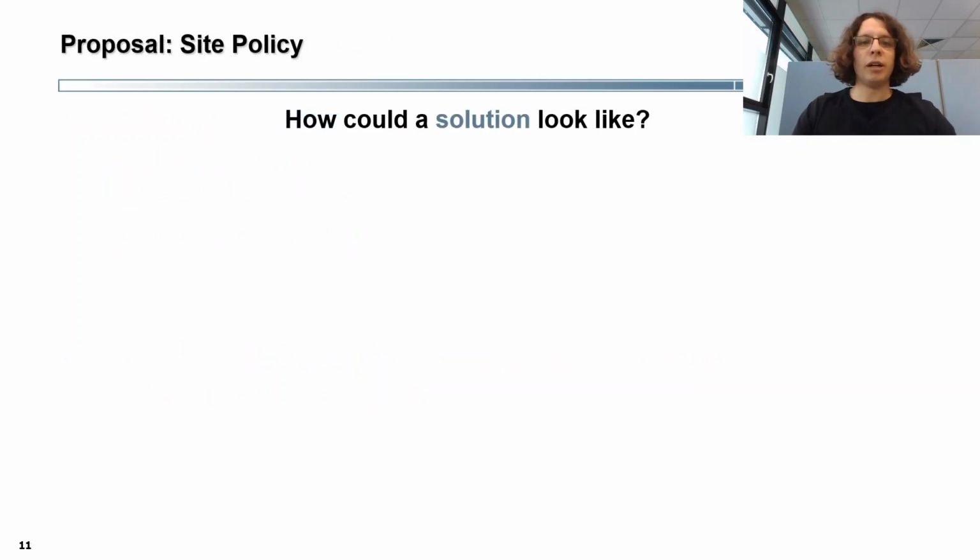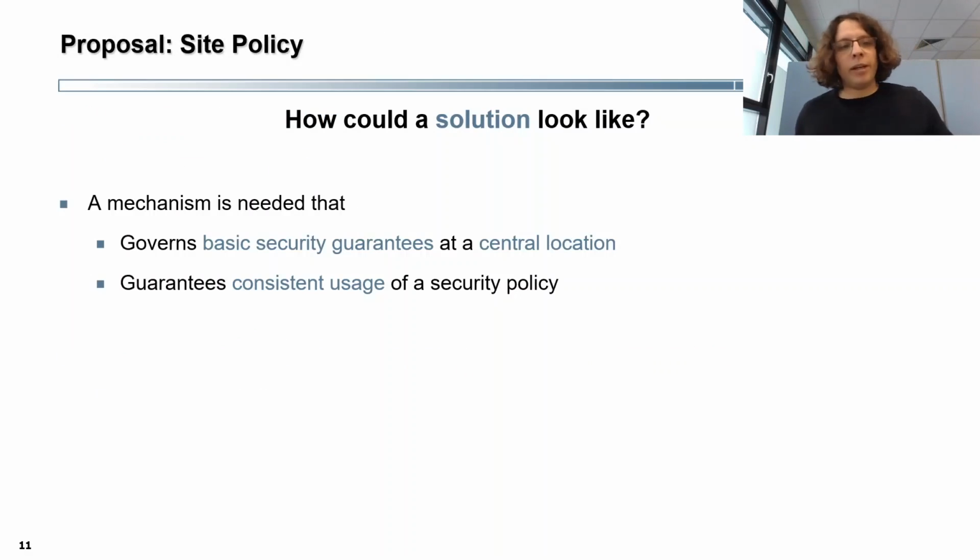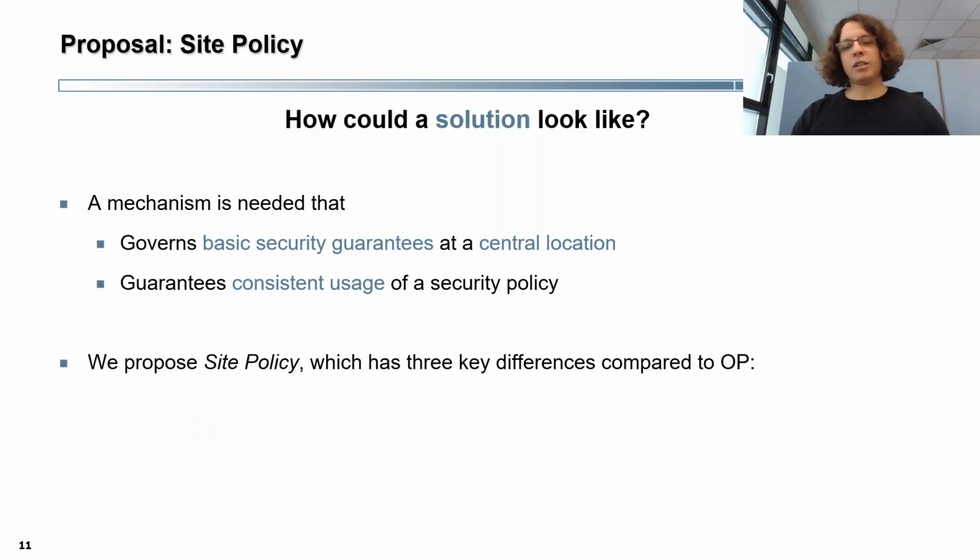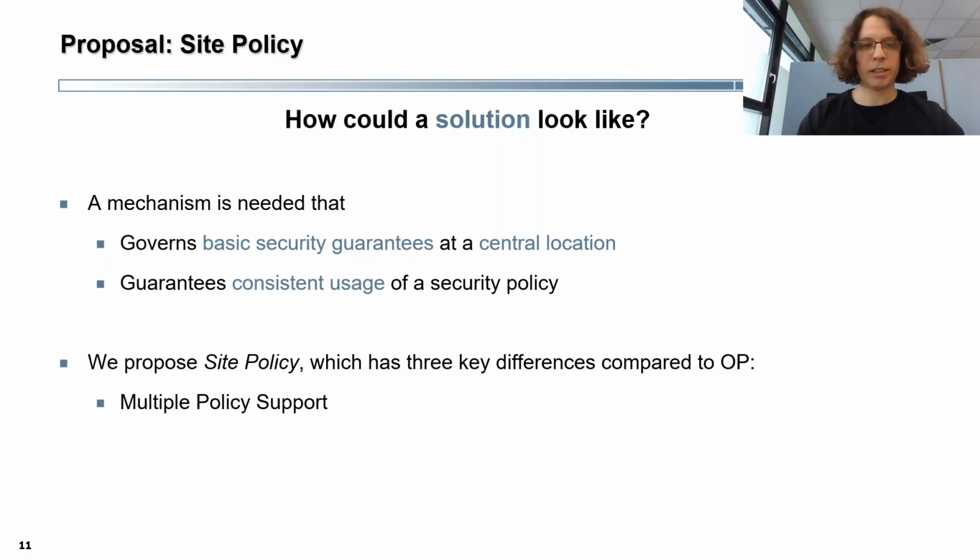How could a solution look like? We need a mechanism that governs basic security guarantees at a central location, similar to origin policies, and which guarantees consistent usage of a security policy. So what we do is we propose a site policy, which has three key differences to origin policies.